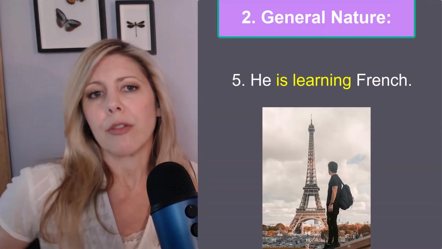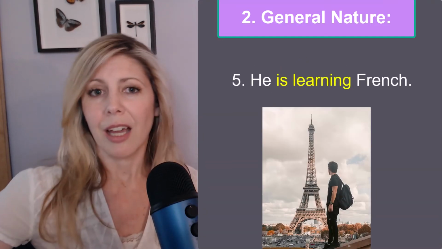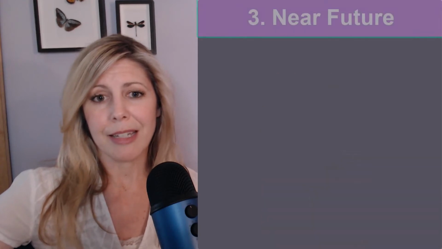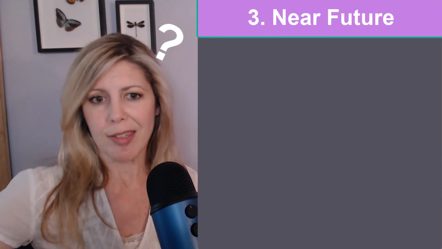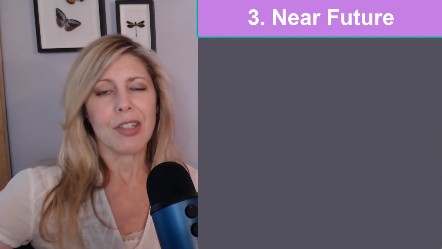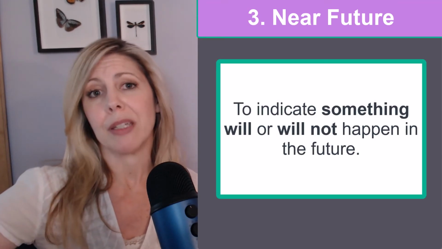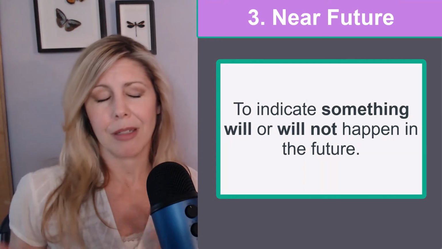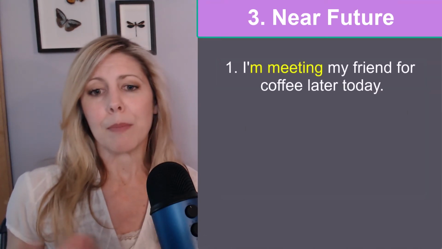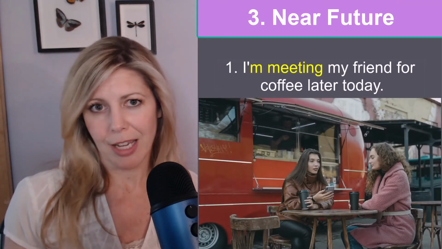He is learning French. Another use is the near future, which sounds kind of unusual for this tense. But sometimes speakers use the present continuous to indicate that something will or will not happen in the near future. For example, I'm meeting my friend for coffee later today.